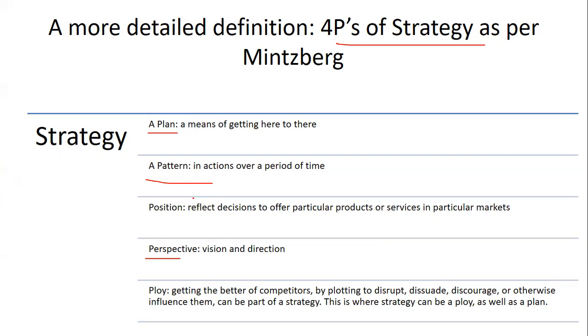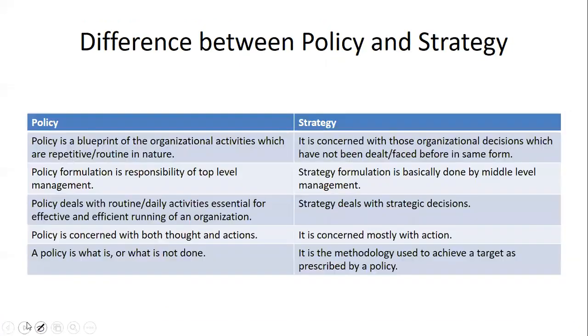Then we have the next topic, that is, the difference between the terms policy and strategy. Many times students get confused about what exactly the meaning of policy is, or the meaning of strategy, or how they differ. Policy is a blueprint of activities which are routine in nature, carried out on a day-to-day basis, whereas strategy involves decisions which are not in the same form.